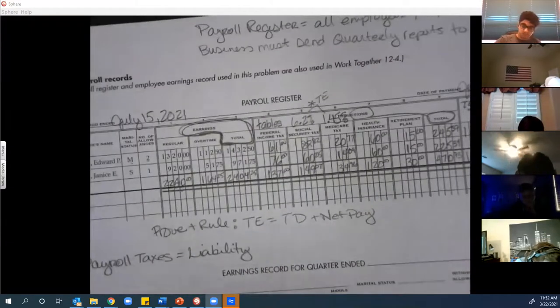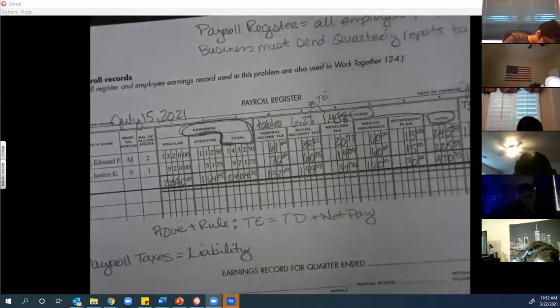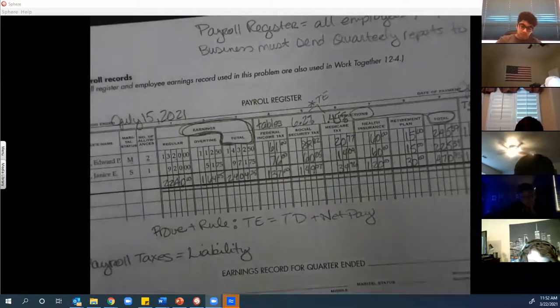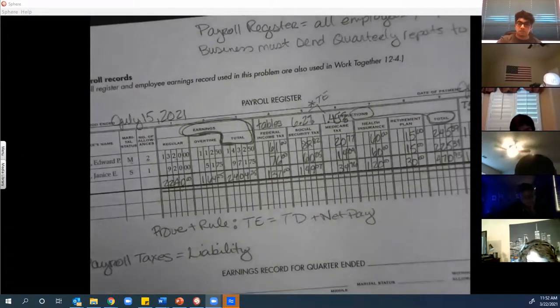We're going to see some of those new accounts that we saw on that list: federal income tax payable, Social Security tax payable. Just like accounts payable when we owed somebody money, we now owe Social Security, the IRS, Medicare money. So those are now liabilities for us.